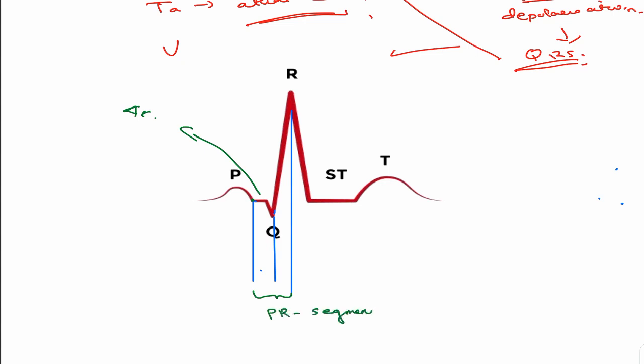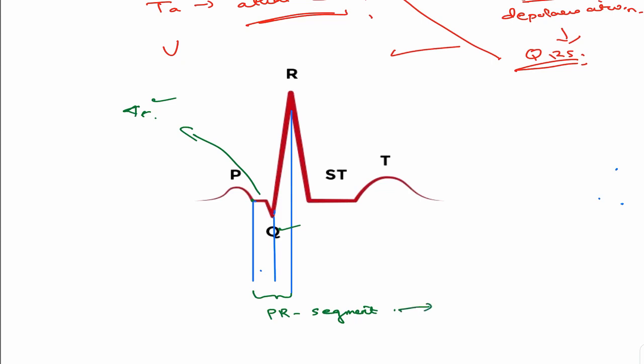Very important to understand. It is the PR segment. What the interval is and all, I'll discuss later on. So just understand the PR segment, or PQ segment. It signifies the beginning of AV nodal depolarization till the end of AV nodal depolarization, that is the beginning of the ventricular depolarization.